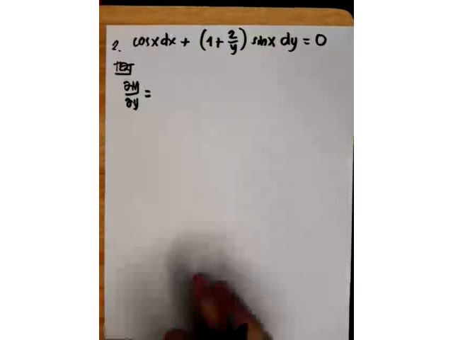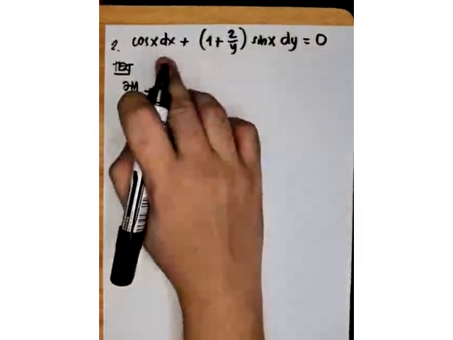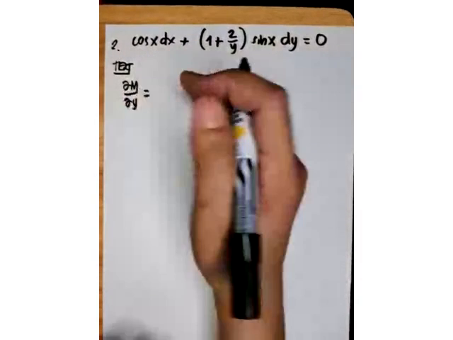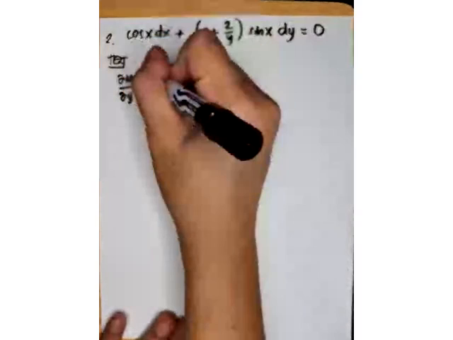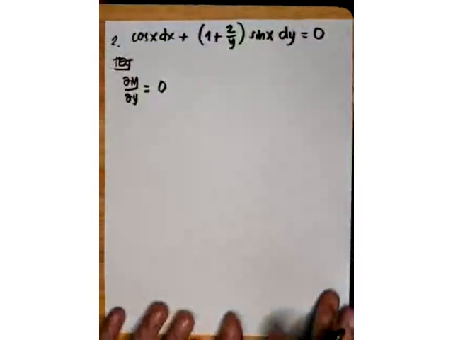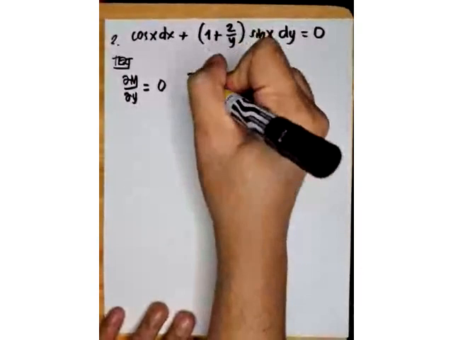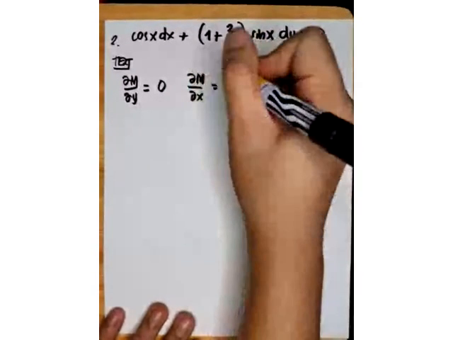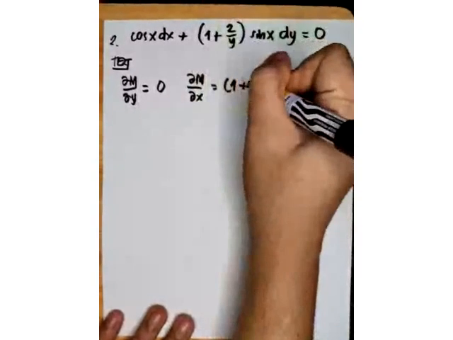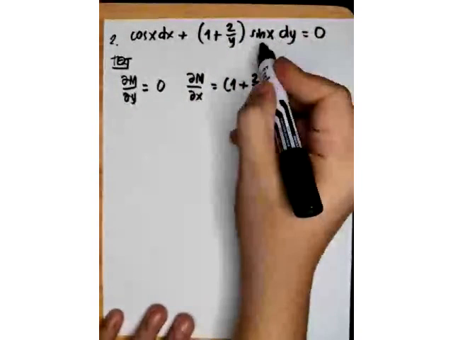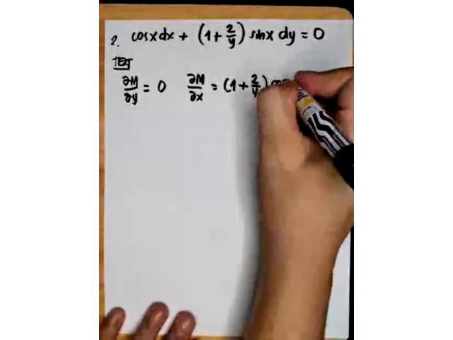Okay, so the partial derivative of cosine x, since cosine x is a constant, so it is 0. Ayan. And then the partial derivative of n with respect to x, so that means this whole term is a constant. And then derivative nito is cosine x.